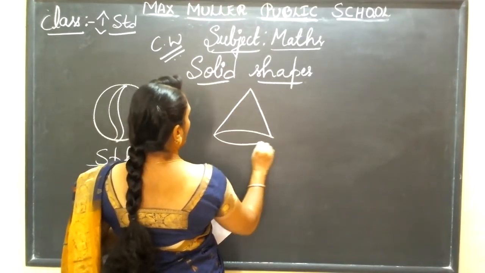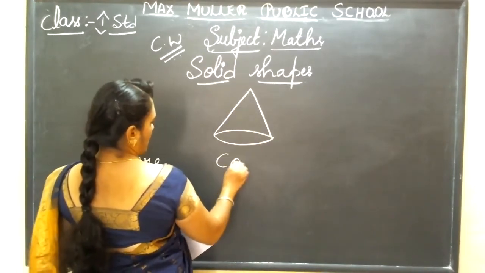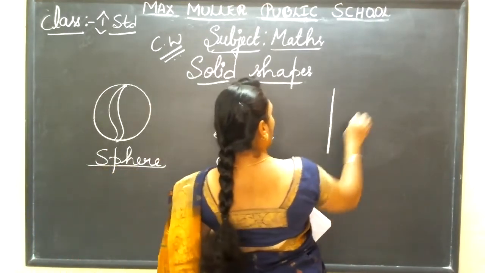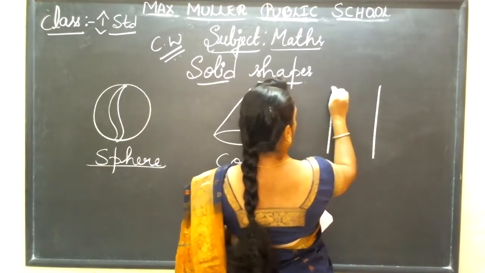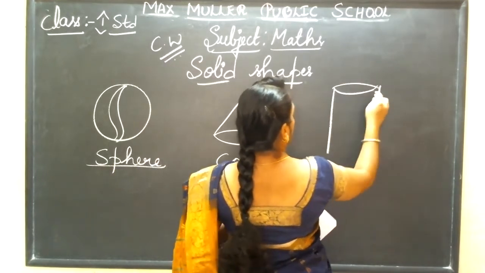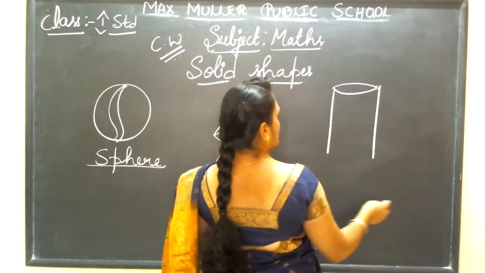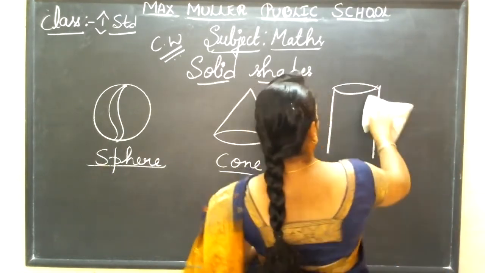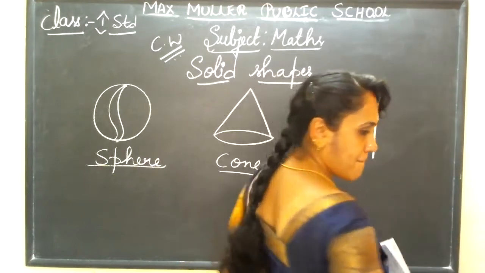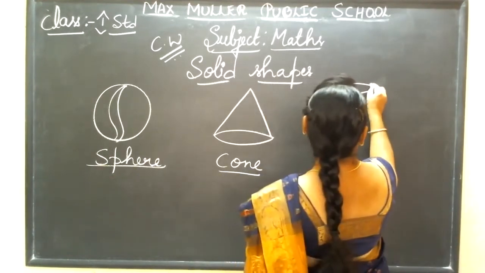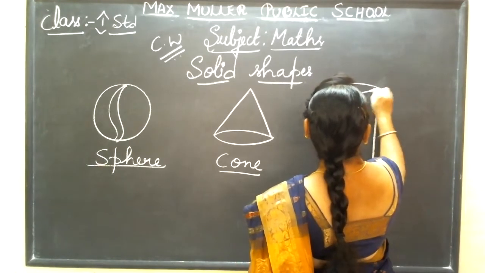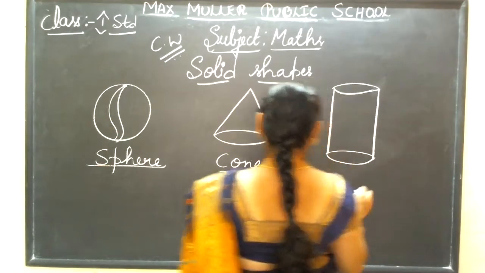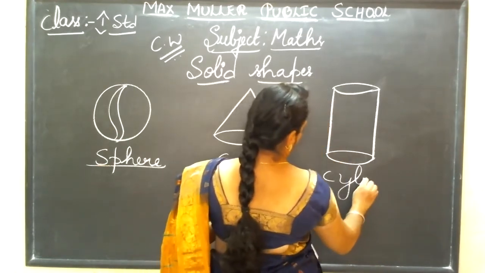This is cone. C-O-N-E, cone. Then cylinder.